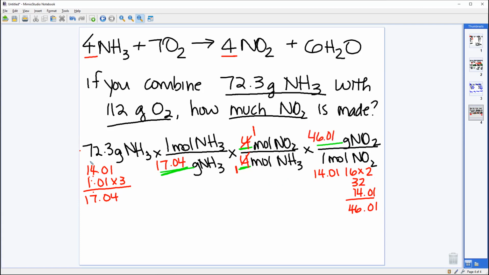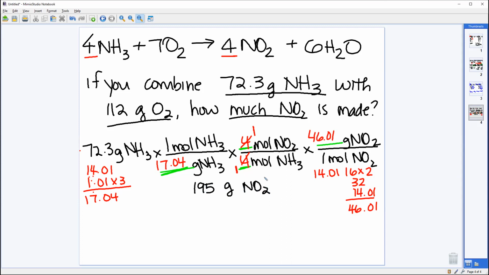And then I'm going to multiply across the top and divide across the bottom. So when I do that, I get 72.3 times 46.01 divided by 17.04, and I end up with 195 grams of NO2.